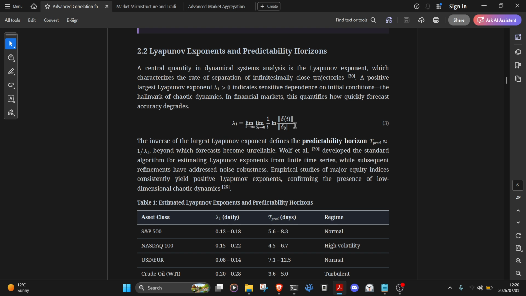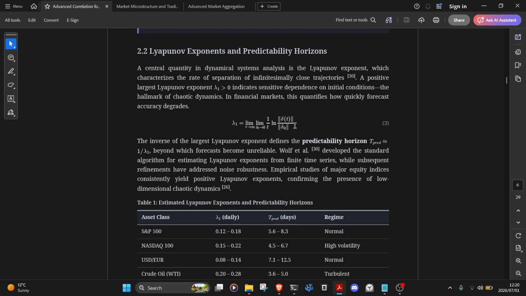Reference 30 developed the standard algorithm for estimating Lyapunov exponents from finite time series, while subsequent refinements have addressed noise robustness. Empirical studies of major equity indices consistently yield positive Lyapunov exponents, confirming the presence of low-dimensional chaotic dynamics.